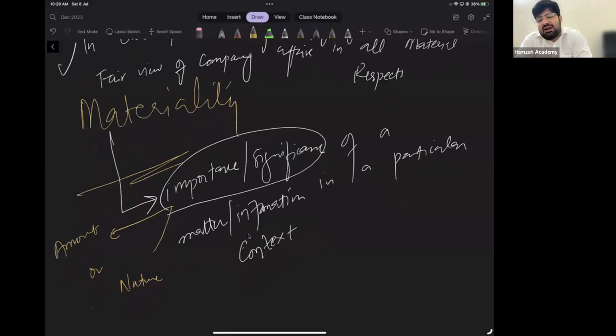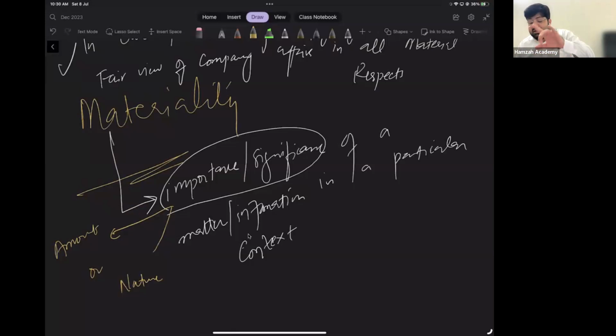But if we say $5 million, Elon Musk, he lost $5 million. Peanut for that person. So the amount is not material for that company, for him. But this amount is material for Intermart.